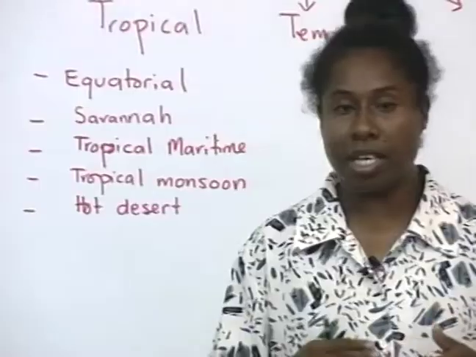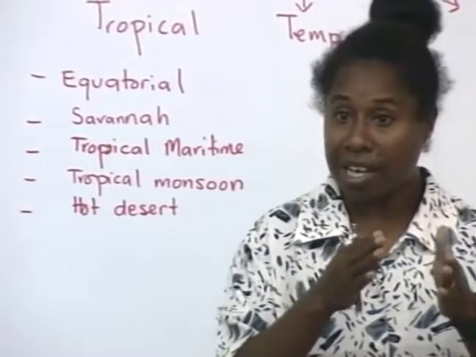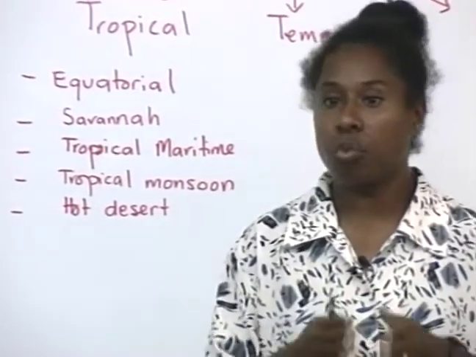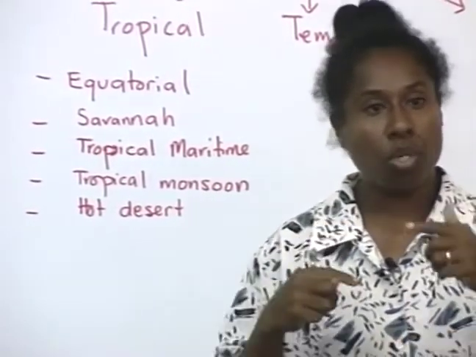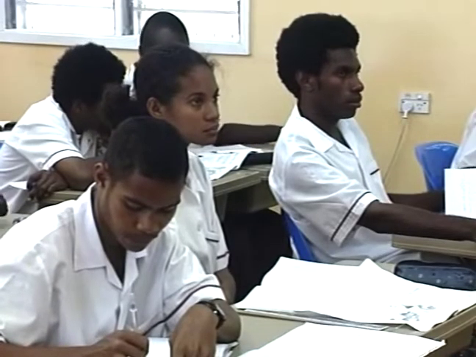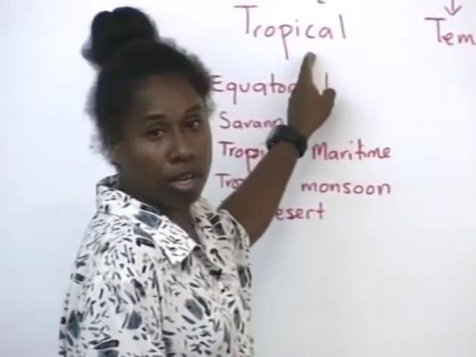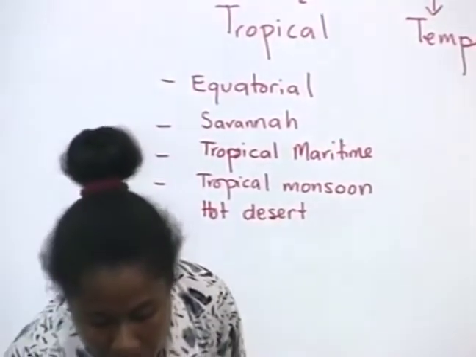The characteristic is the southeast trade winds bringing a lot of rain to the eastern sides. Therefore, the location of that climate will be mainly on the eastern sides of continents between 0 to 23.5 degrees north and south. And that's what we are going to look at for those 5 climatic types which are under the tropical climates. Okay, so we go over now to the information from the monitor.